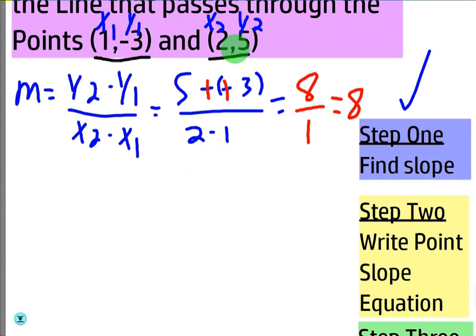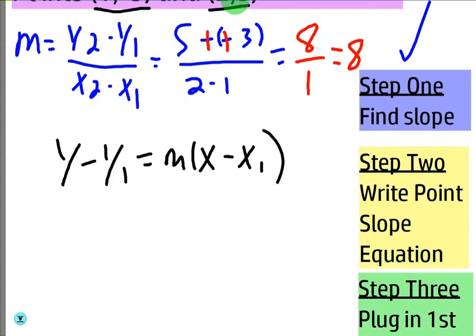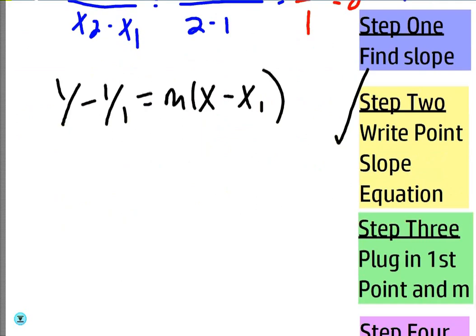Then write your point slope equation out, which we just had on the board. Y minus y1 equals m times x minus x1. Okay, plug in the first point in. Now that's important. Because you have 2 points, you could technically plug in either point to the equation, right?